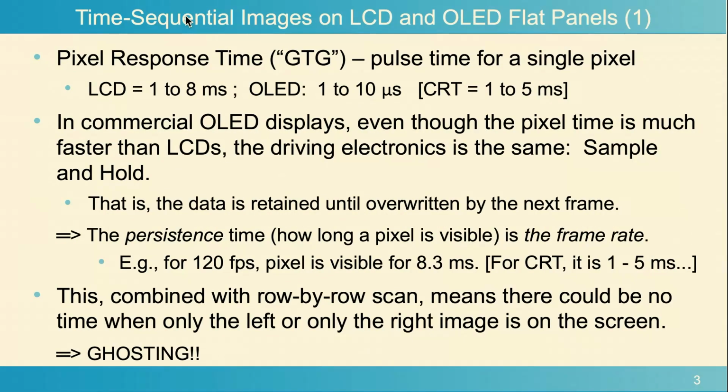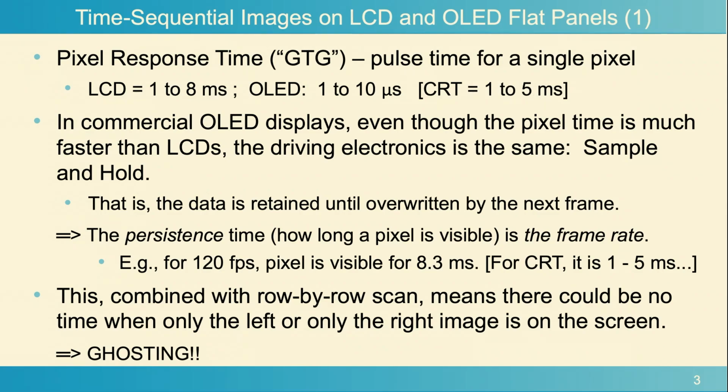Let me move on, since you probably know a lot of this, so I want to go pretty fast. The OLEDs, of course, switch very fast, faster than the CRTs. The CRTs had a fast pixel response time because of the beam that illuminated the phosphor, and the phosphor would decay as soon as the beam went away.